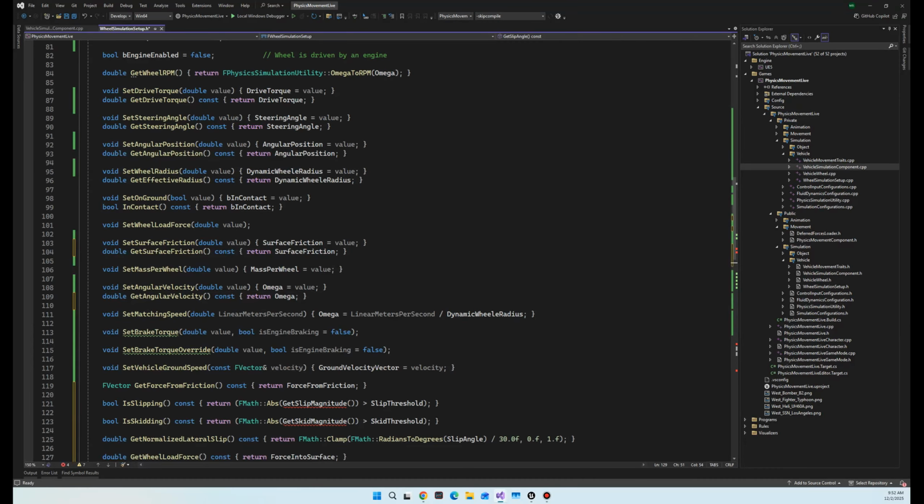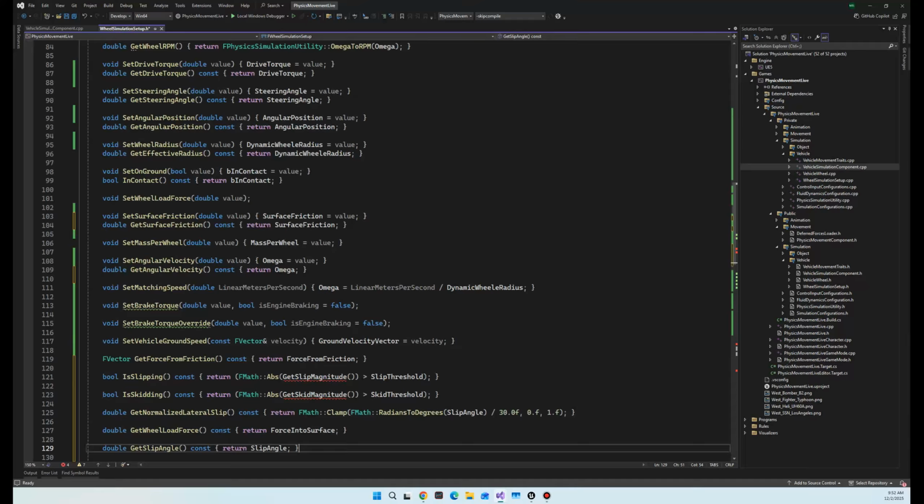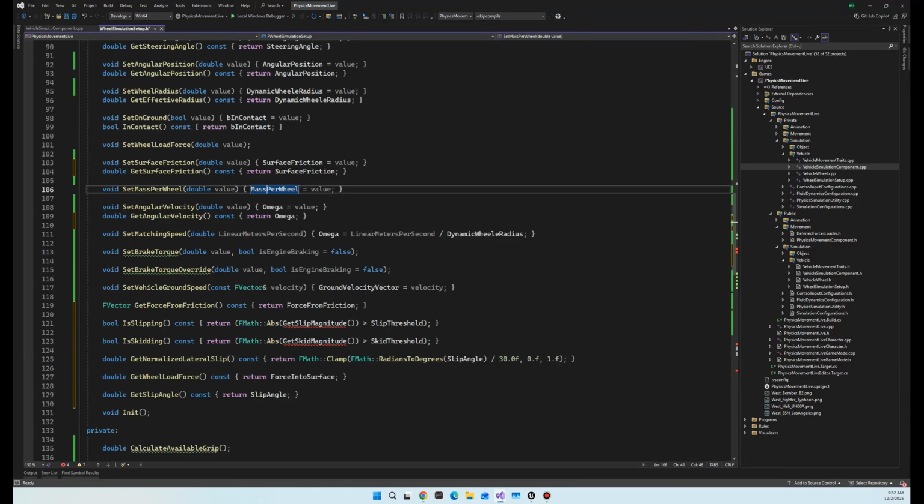Let's see. Drive torque, angular position, surface wheels. Nope.